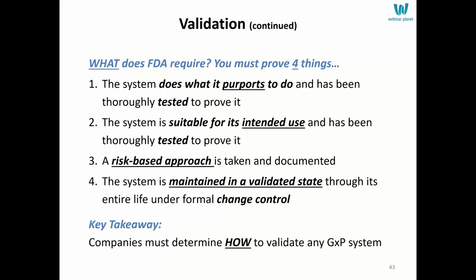So in the early 2000s, they realized at FDA that they couldn't possibly investigate every system at every company. They were increasing exponentially. So they put the onus on industry in the early 2000s to take a risk-based approach.